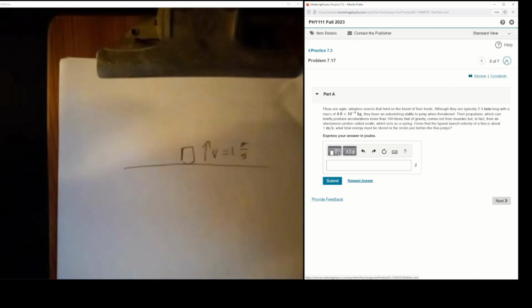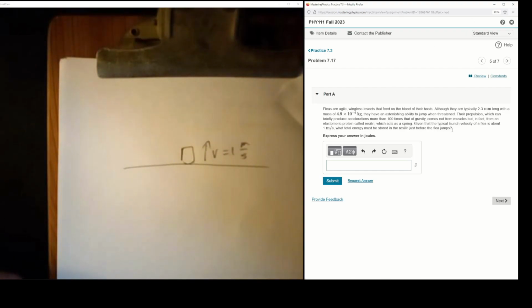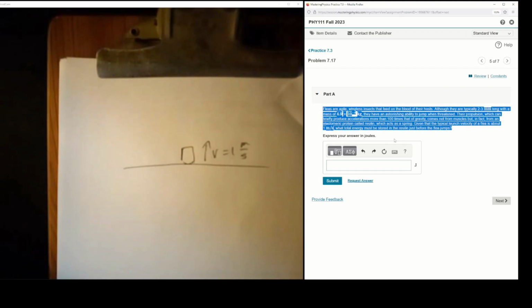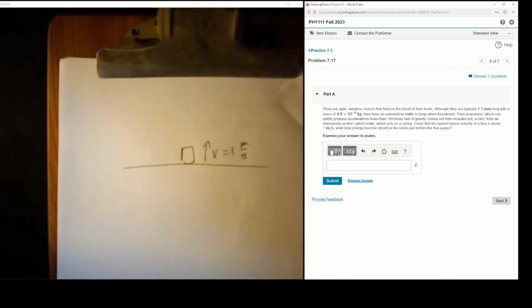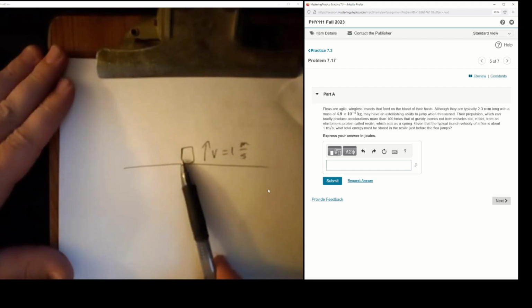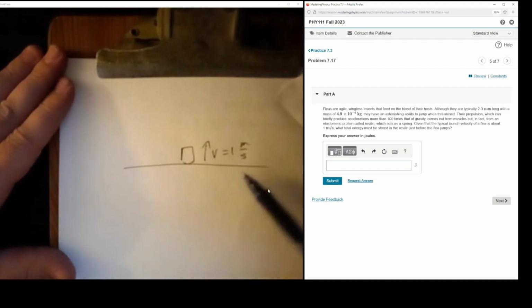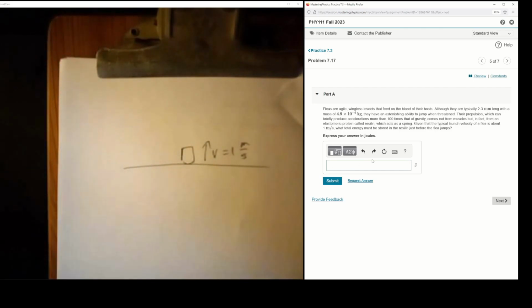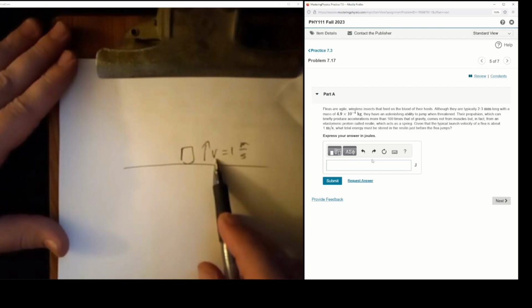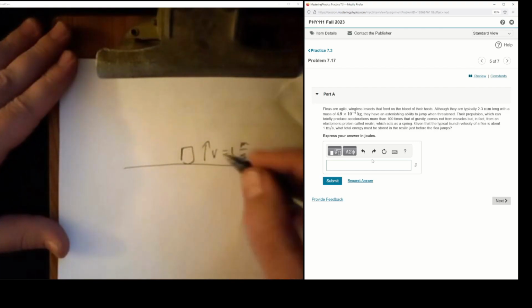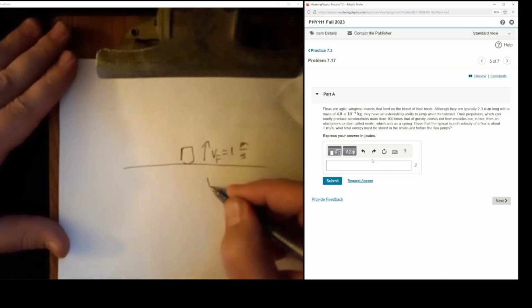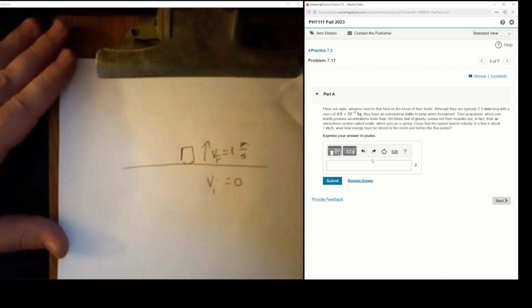I know there's a lot of words talking about fleas and protein. But the simple version of it is, we have an object on the ground, and it's going to move up with a velocity of 1 meter per second. Now we have to determine if this is going to be final or initial. This will be final because we're starting from rest, which is 0.